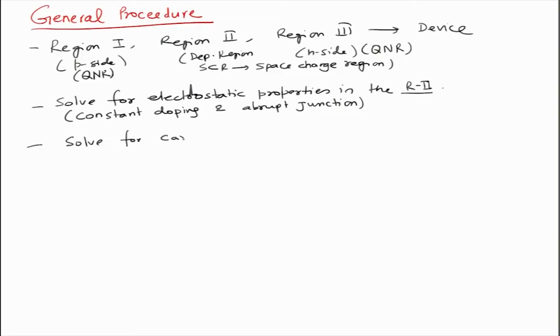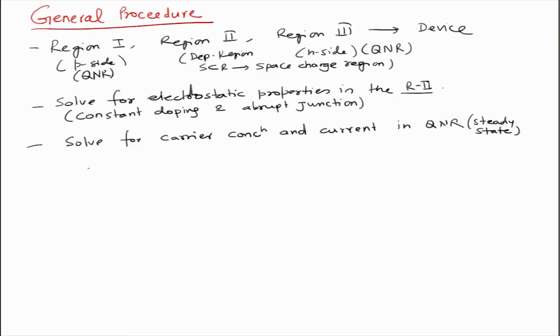Third is, solve for carrier concentration and current in QNR, that is the quasi neutral region, that is region 1 and 3 under steady state condition. So, we assume that this is under steady state.